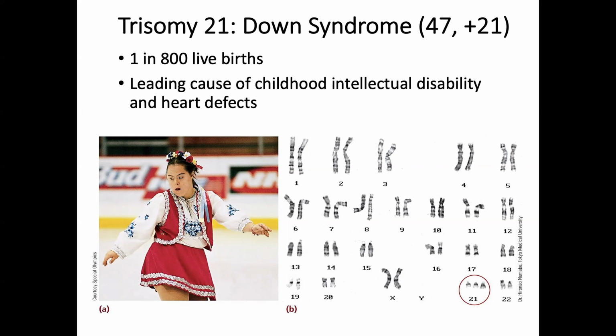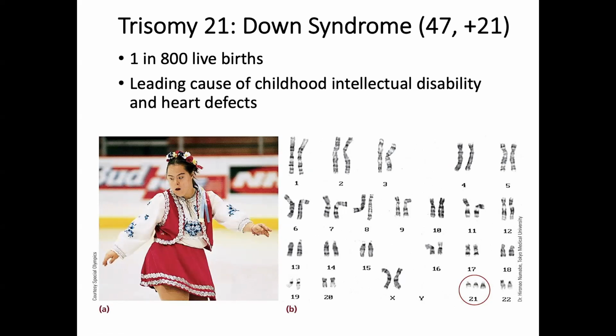Pretty good. The picture here is the karyotype of Down syndrome. It has 3 copies of chromosome 21. It is likely that chromosome 21 is smaller than chromosome 13 and chromosome 18, so Down syndrome is not as severe.